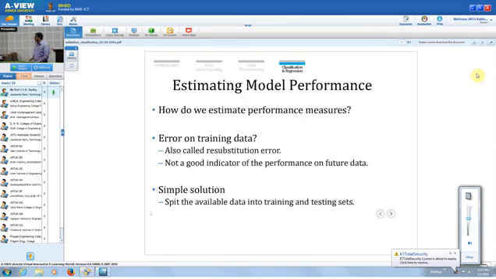Okay. So now, what is this estimating the model performance?